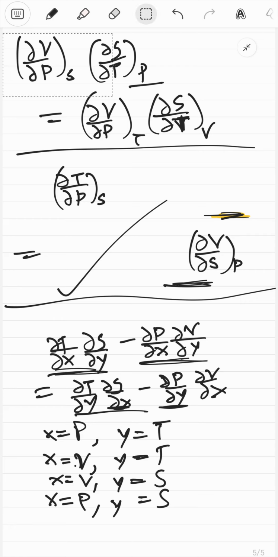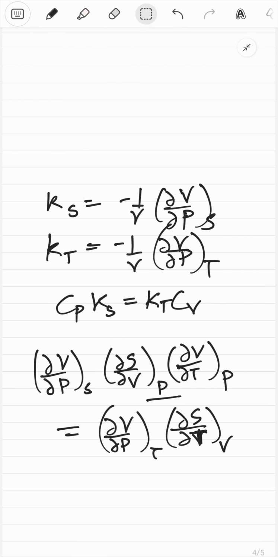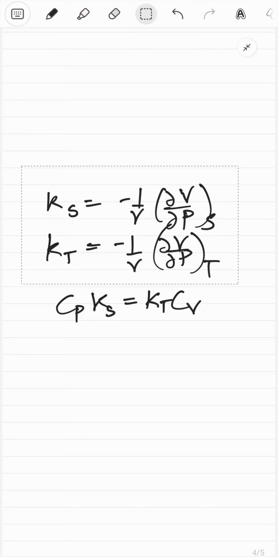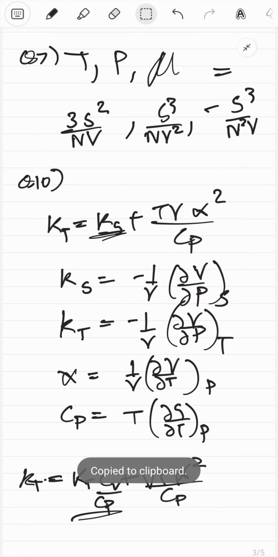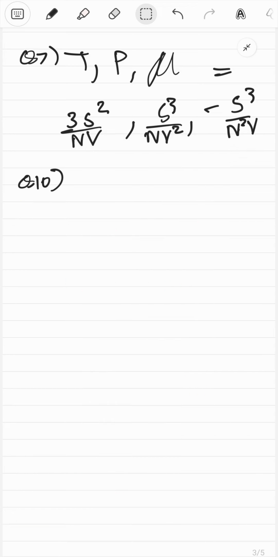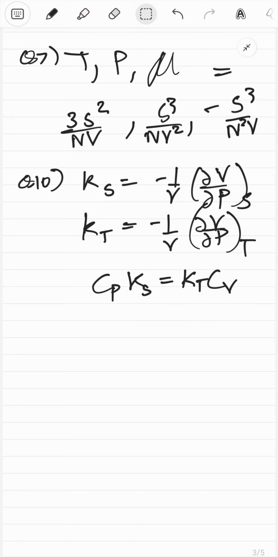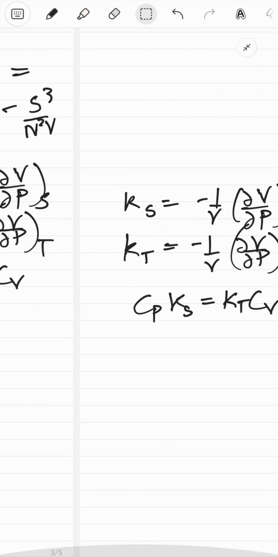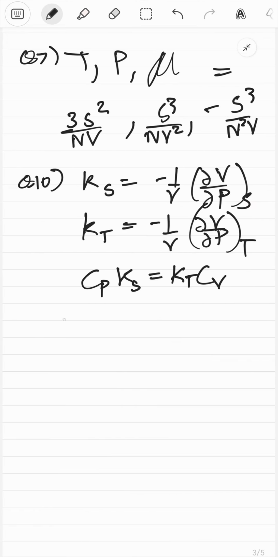So the 10th question is done. We have proved it, and the thing that we have used to prove this is this. So for question number 10, essentially what we have proved is this relation, and this seems to be true for all sorts of systems.